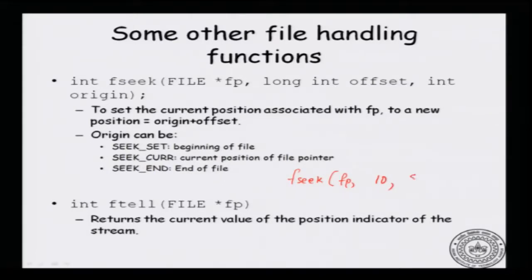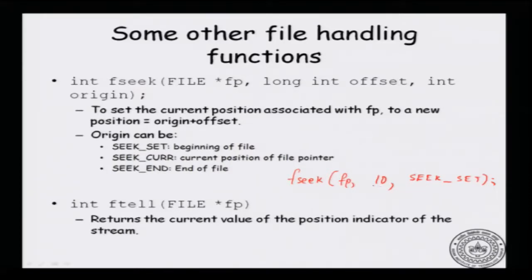What I can say is SEEK_SET. If I do this, it will start from the beginning. SEEK_SET is the beginning of the file. So, it will add 10 bytes from the beginning of the file and start from there.